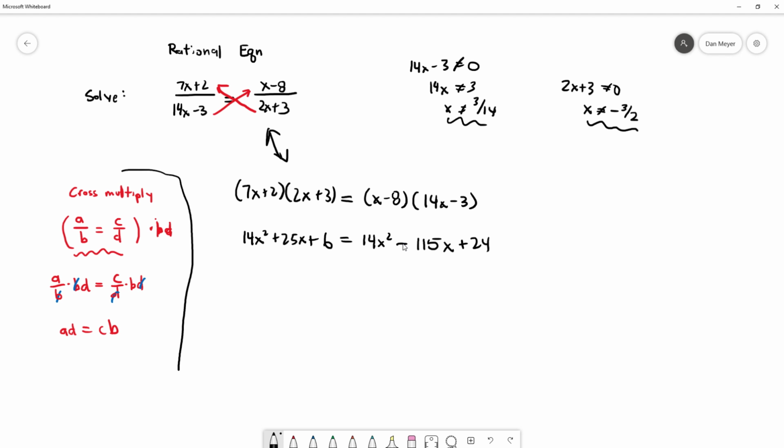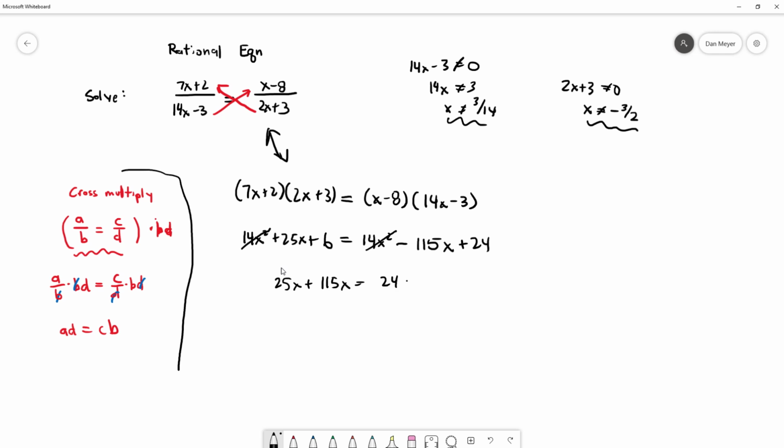Now I'm going to bring all of my x terms to the left-hand side. So I'm going to subtract 14x squared from both sides, and both 14x squareds are going to go away. And I'm going to add 115x to both sides, and then I'm going to subtract 6 from both sides.